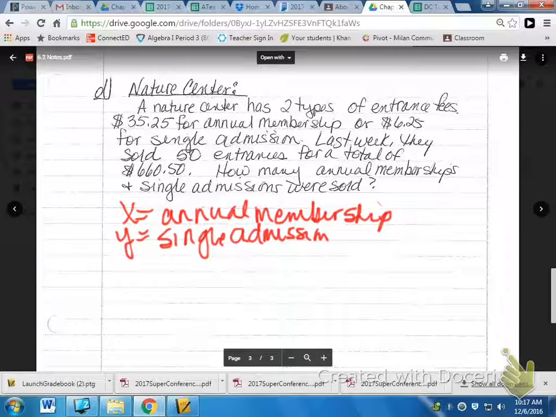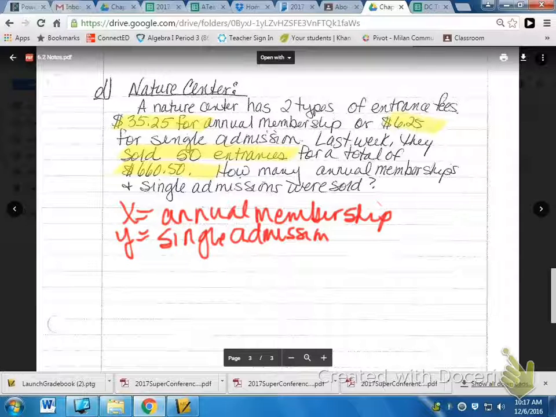That's very important information. Last week, they sold 50 entrances. That's a quantity. For a total of $660.50. That's monetary. Almost always, you're going to have two equations, one dealing with quantity and one dealing with money.